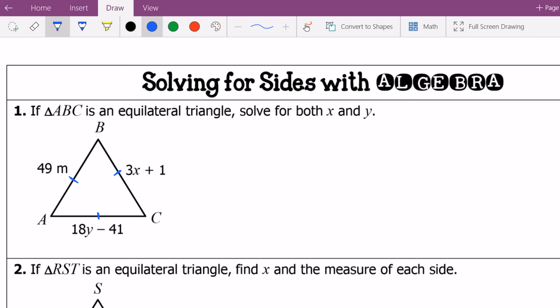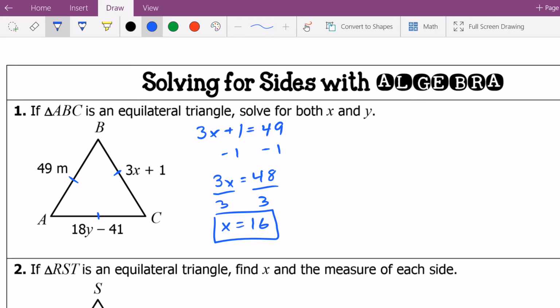So to solve for x, we can do 3x plus 1 equals 49. Subtract 1 from both sides, gives you 3x equals 48. Divide by 3, and x equals 16.